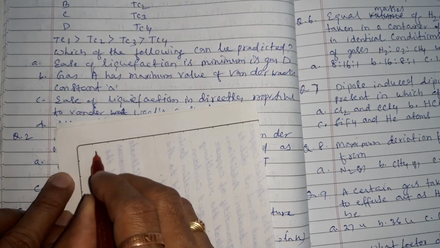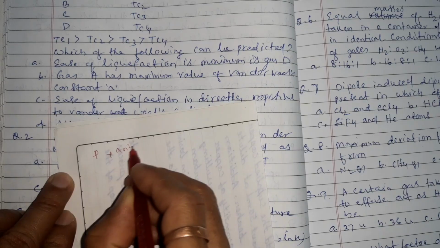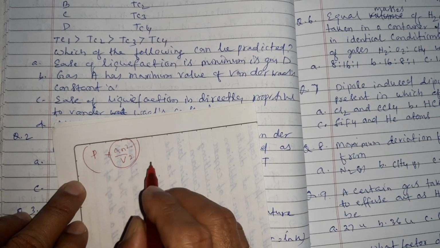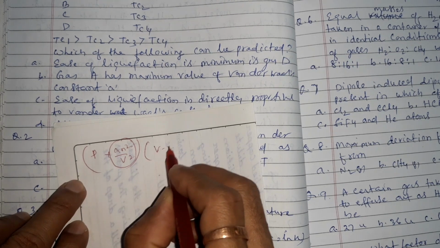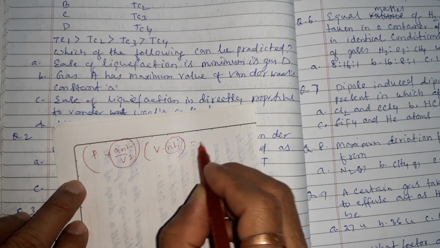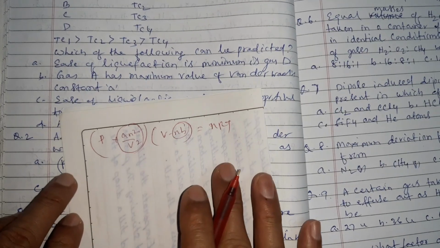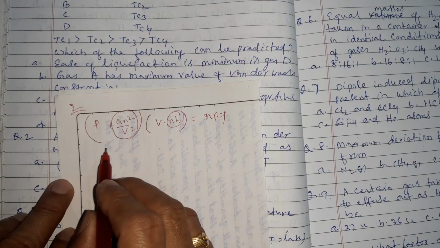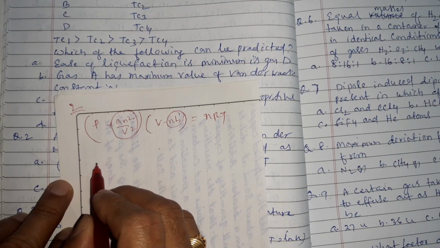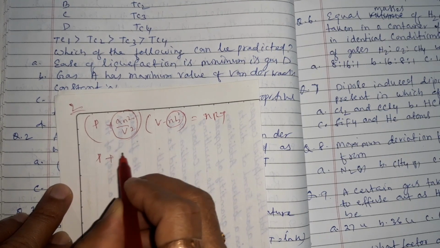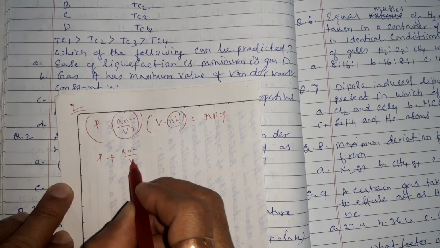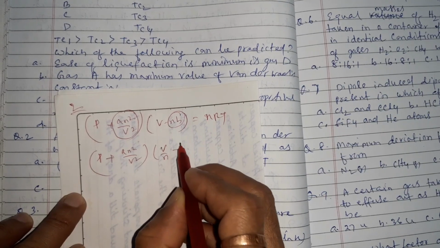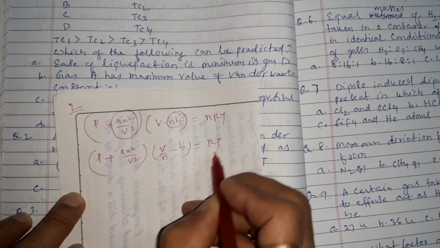(P + a n²/V²) is your pressure correction, and (V − nb) is your volume correction, equal to nRT. For one mole it is like this: (P + a/V²)(V − b) = RT.